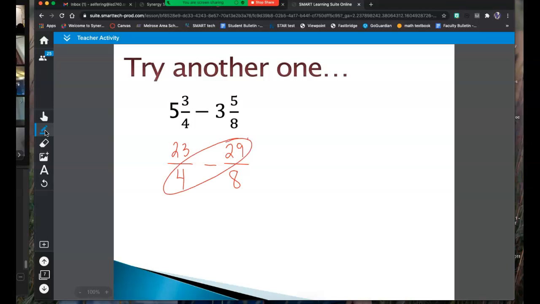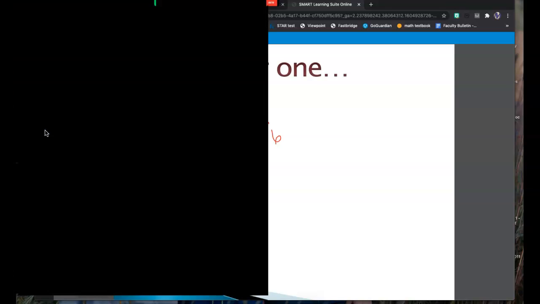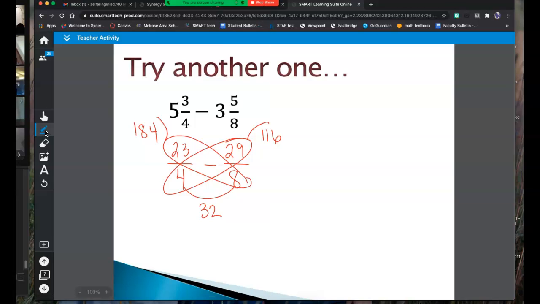So 4 times 29 is 116. 23 times 8 is 184. And on the bottom, 4 times 8 is 32. Okay, remember there's a minus sign between there. So that's where some of you made a mistake because you added instead of subtracted. But 184 minus 116, you get 68 over 32.